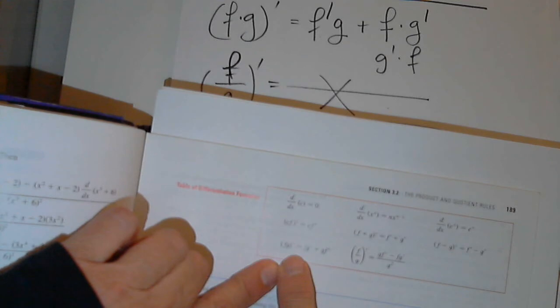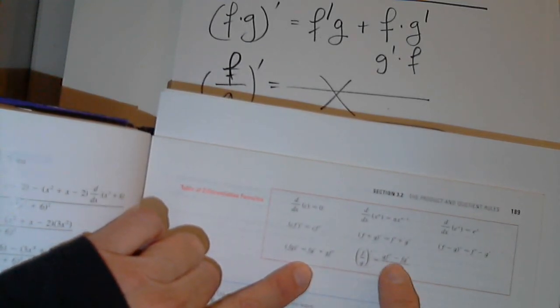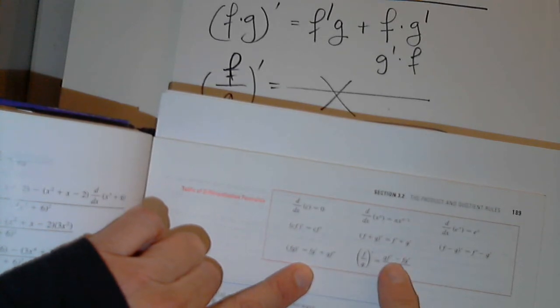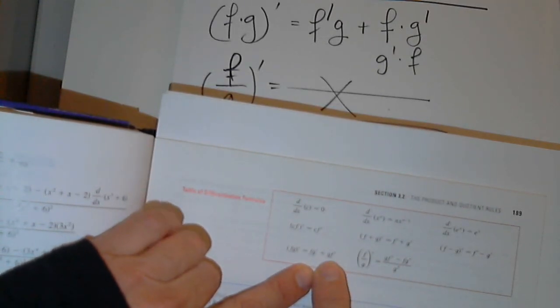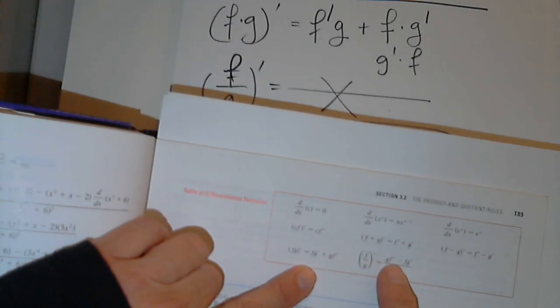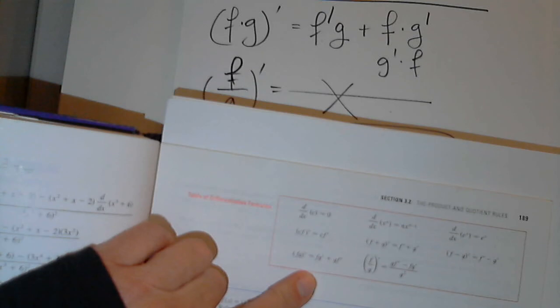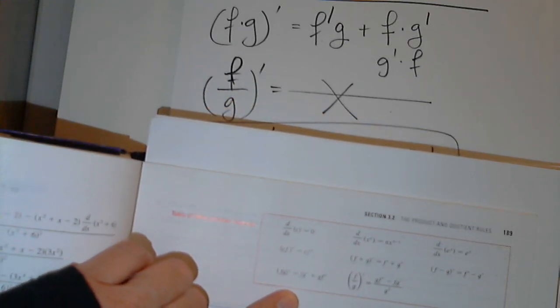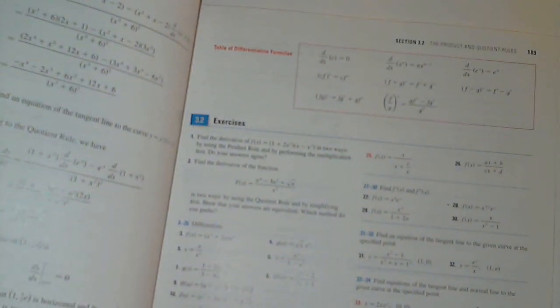So they don't even use the same formula for the numerator. Now they twist it in a different way. Because it makes sense. This is the correct order. So it's confusing. That's my opinion. But you use the method you like. As long as you're getting the right answer, I don't care.